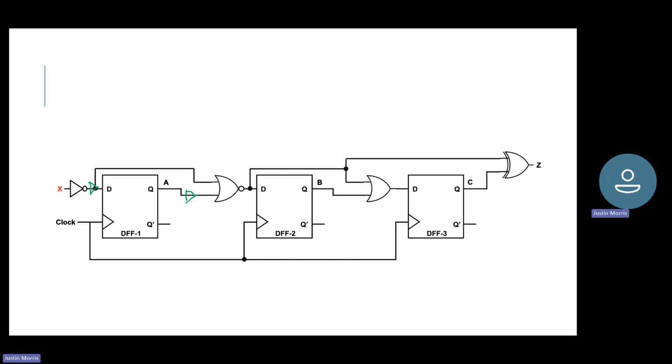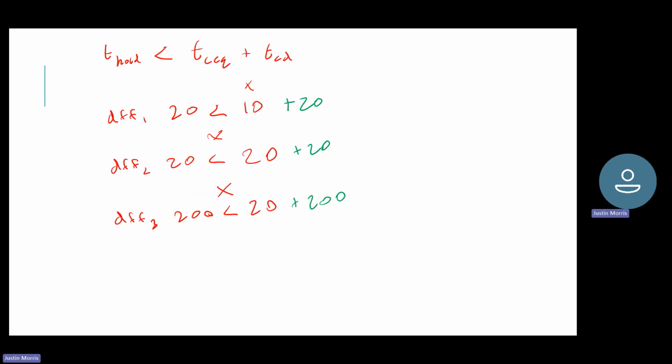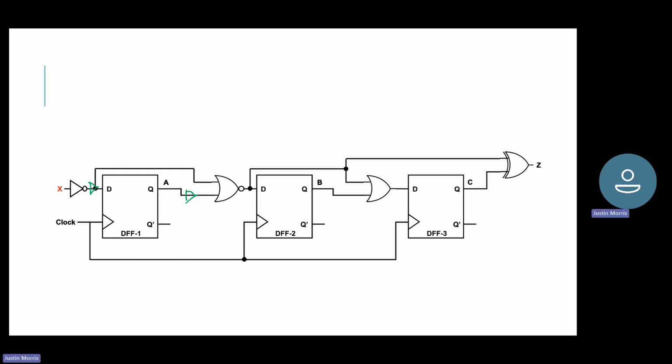And then this is 10, this is 10, so that path was 20, so they're the same. But the buffer from the first one fixed that first path. And now we just have to make sure that we add this buffer to fix the second path. So that covers flip-flop 1, flip-flop 2. Now we need to do flip-flop 3.